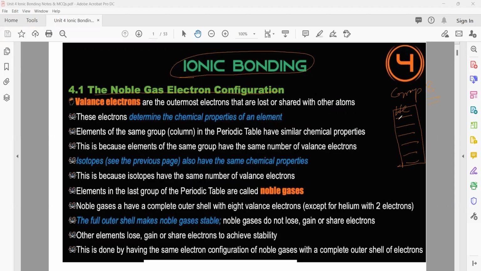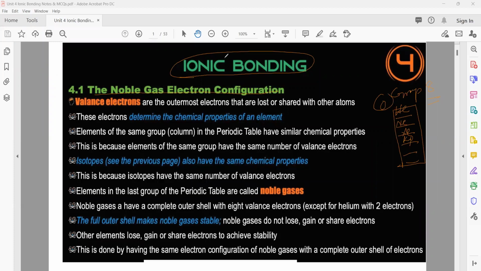Like you have helium, neon, xenon, krypton. All these gases are noble gases. Why are they called noble gases? Because their last shell is complete. If you draw the electronic structure for them, their last shell is complete.